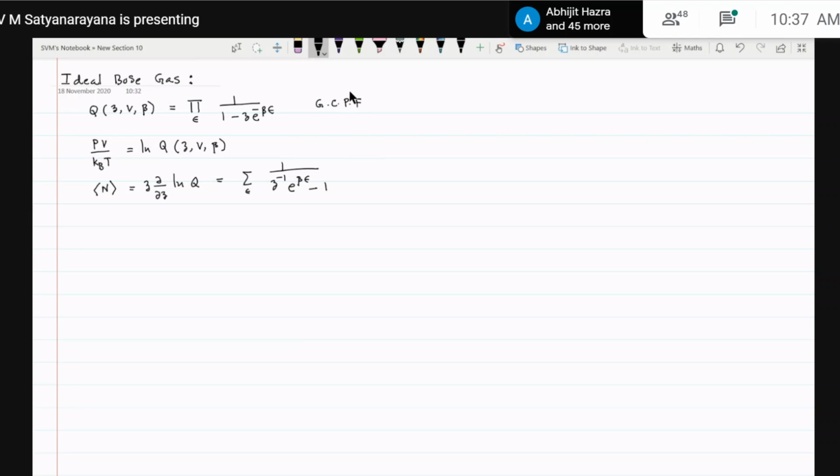So I can also write this as, this implies that PV by kBT can be written as minus sum over single particle energy levels logarithm of 1 minus Z into e to the minus beta epsilon.